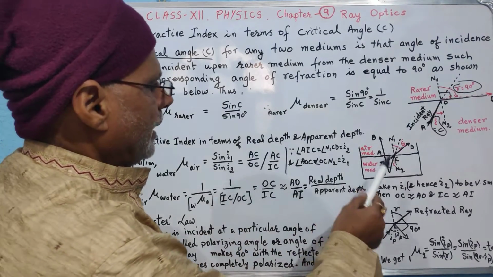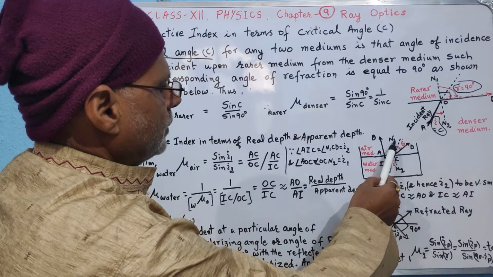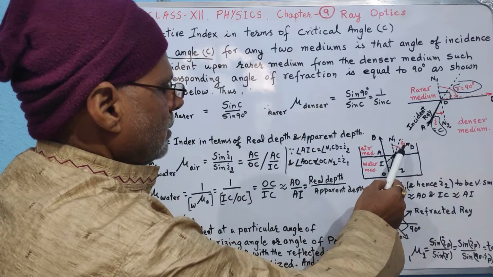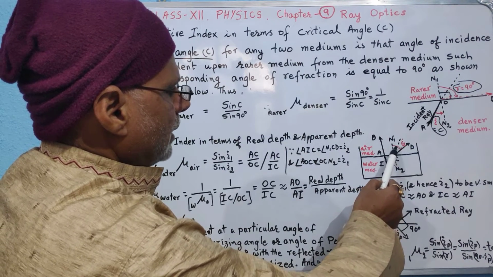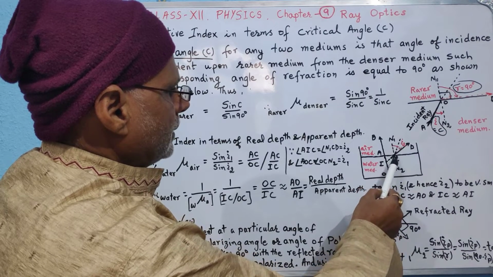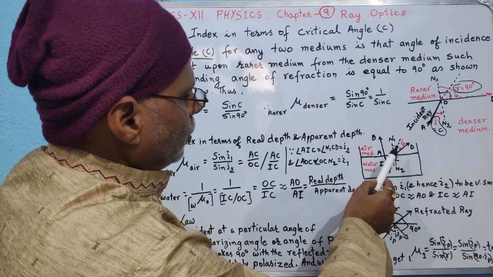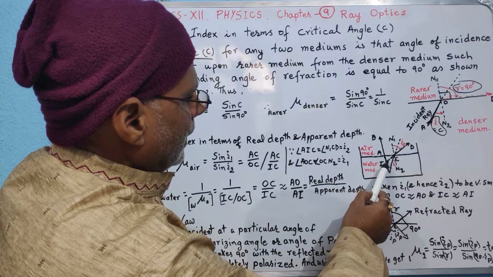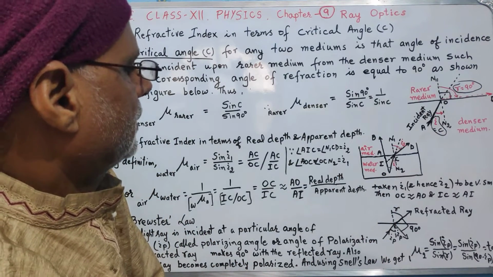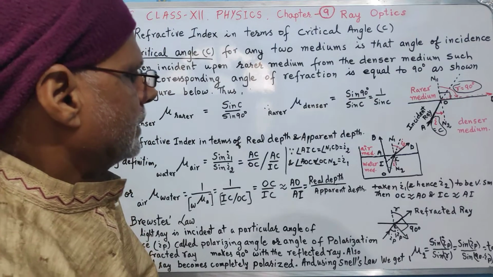Similarly, for I2, you see this is the angle made by refracted ray with the normal CN1. Now this angle N1CD, which is equal to I2, is also equal to the angle AIC. How has this come?